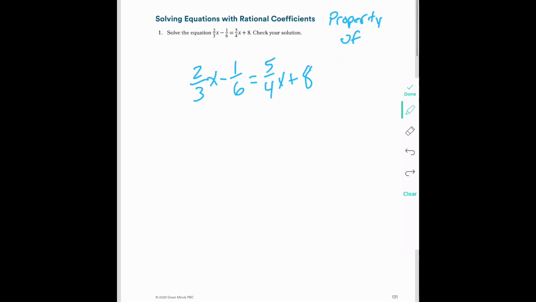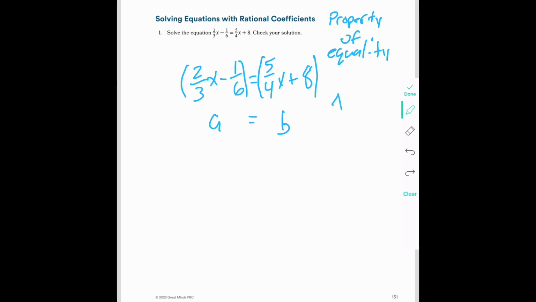According to either property of equality, since this linear expression on this side is equal to this linear expression on this side, if I wanted to call this something simpler, I could say this is A, whatever this equals on this side would be A, and whatever it is on this side would be B. So according to the problem, A is equal to B.